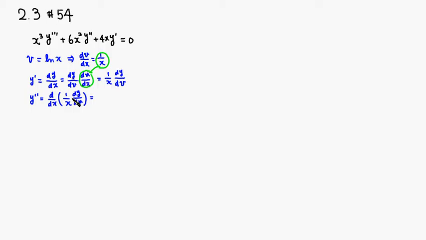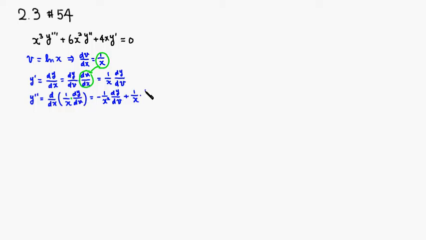The derivative of 1 over x is negative 1 over x squared, times dy over dv, plus I leave the first guy as it is, 1 over x, times the derivative of dy over dv with respect to x.